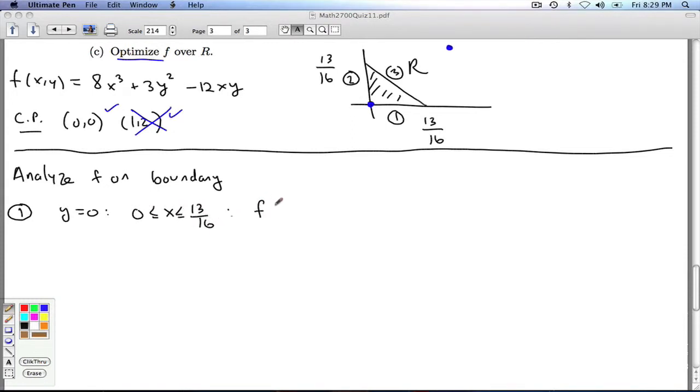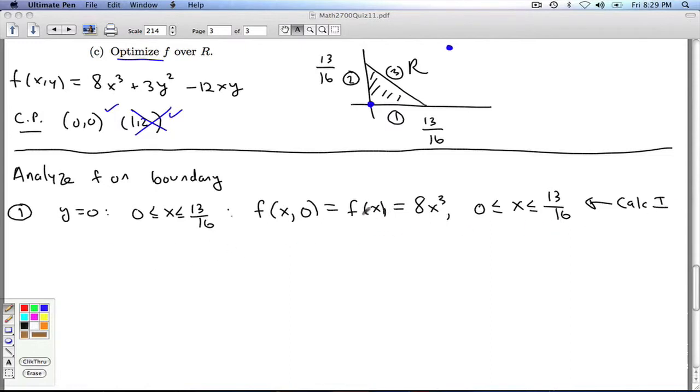So what I do is I look at what the function looks like on that boundary curve. On that boundary curve, y is 0. So I look at f of x, 0. That just gives me a function of x. And I go through there and I get 8x cubed. And once again, x is restricted from 0 to 13/16. And now what I do is I hit this with my Calc 1 stuff.